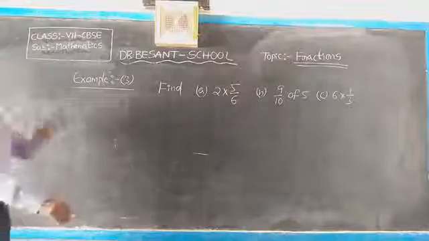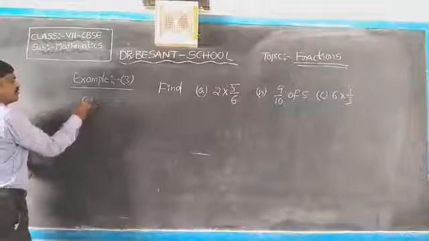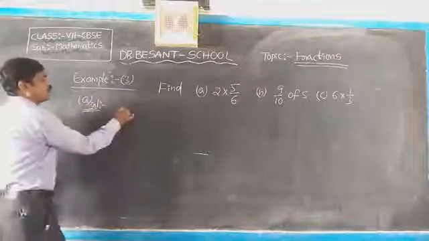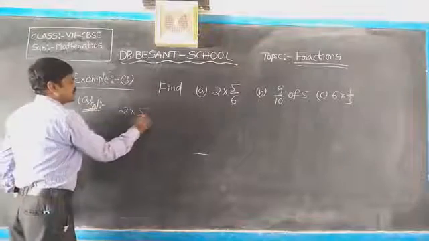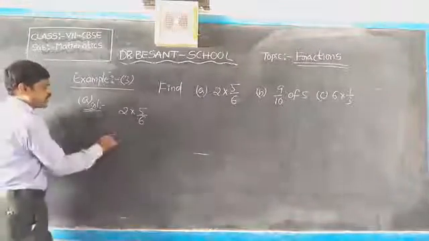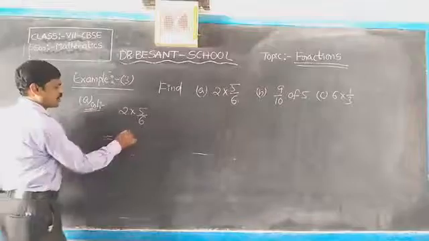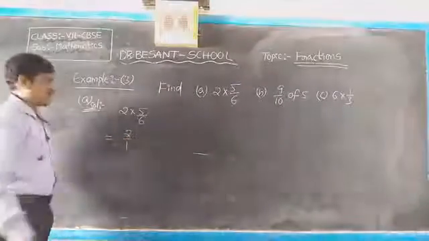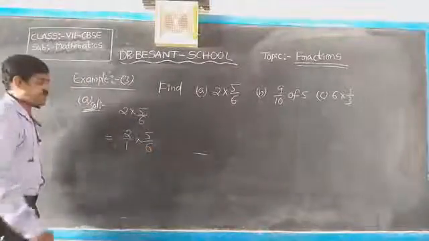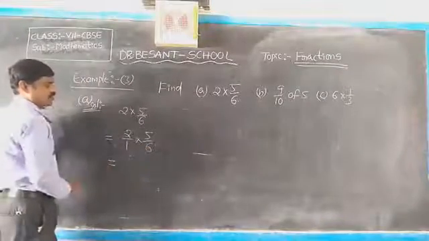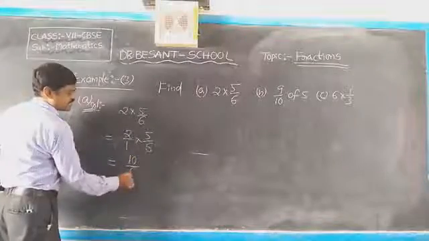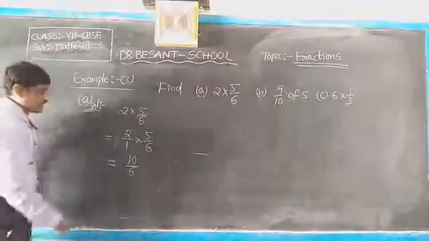Okay, so first of all, A: 2 into 5 by 6. In this, simply you can understand 2 means what? 2 by 1. 5 by 6. 2 5s are 10, 1 6 is 6.